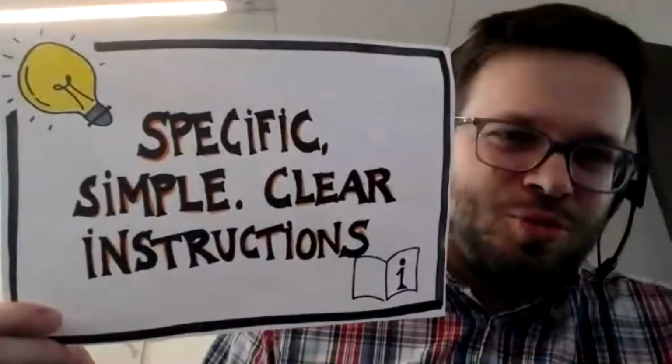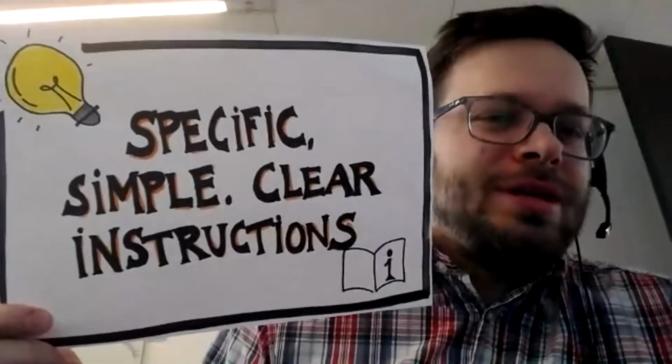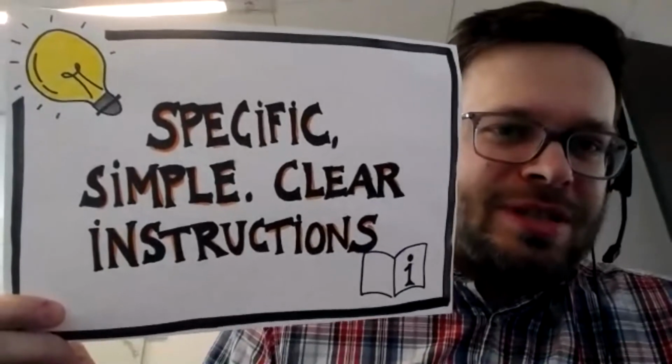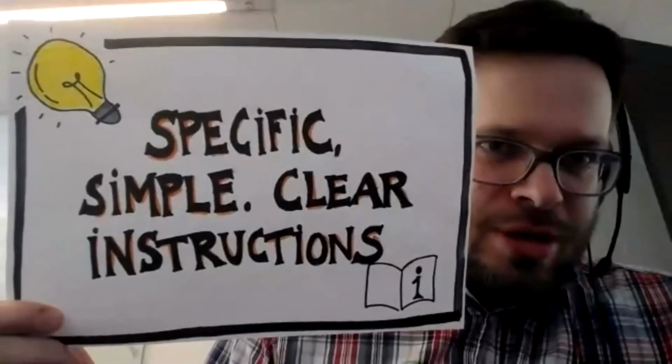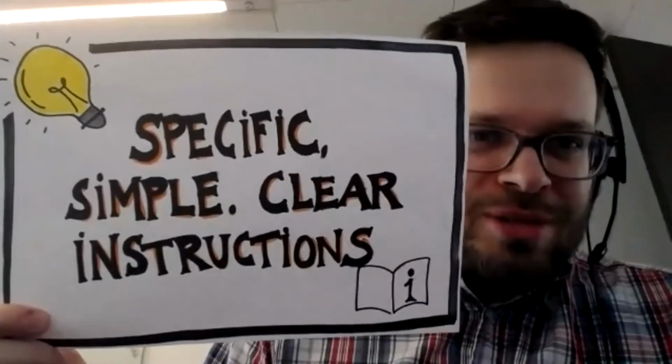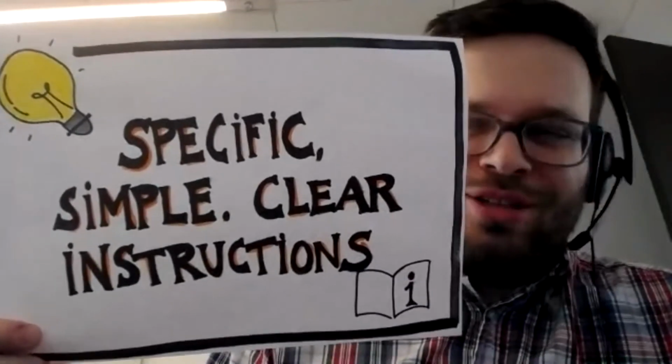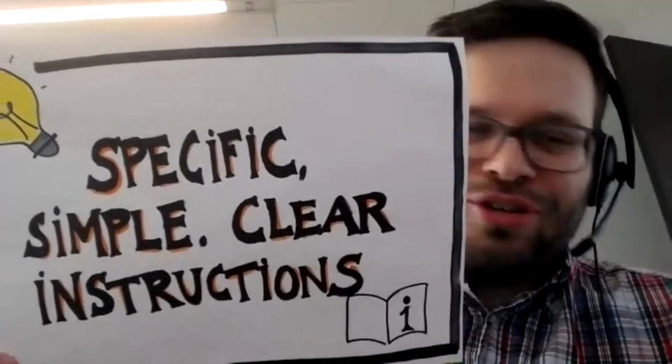The hint that we wanted to give you is, whenever you are facilitating a remote session, be very specific and try to use simple, clear instructions, because it's very easy for people to get lost and lose focus for a second, and they don't know what to do.